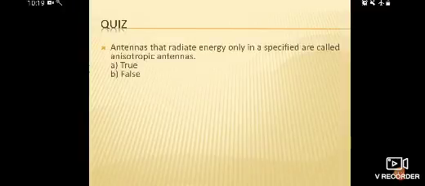Next, antennas that radiate energy only in a specified direction are called anisotropic antennas. Is it true or false?